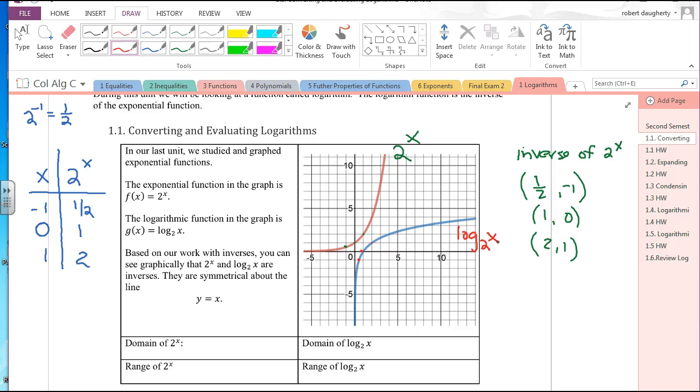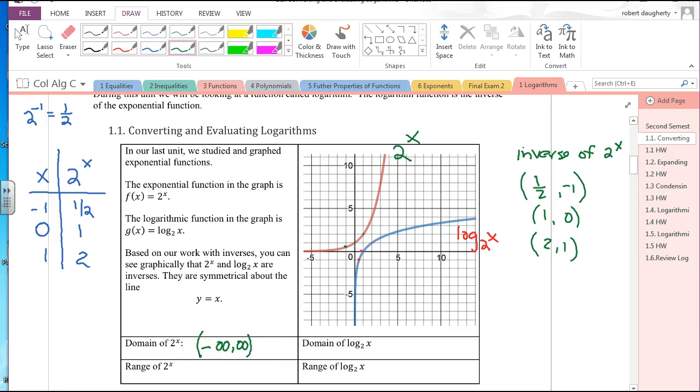Now, domain and range. Again, this was on the final. I'm hoping that you've got the skill of looking at it. 2 to the x, that's the red graph you see here. The domain is the set of all what? X values. So how do I find the x value? What are the x values on the red graph? They go from where to where? From negative infinity to positive infinity. The range is the set of all what? Y values.